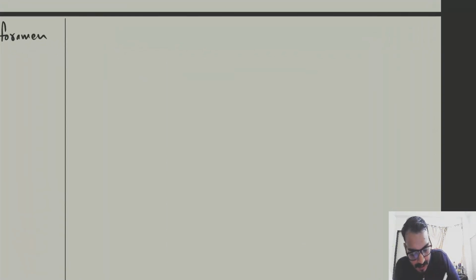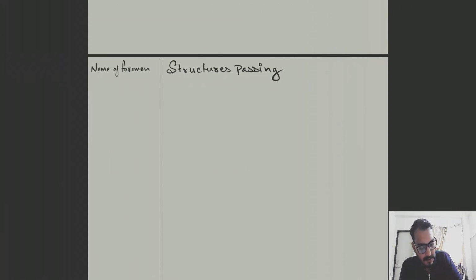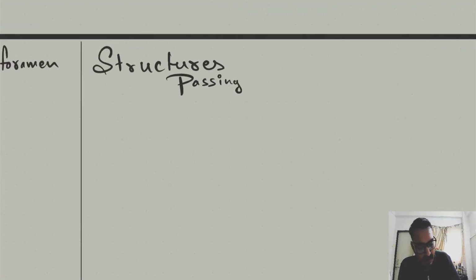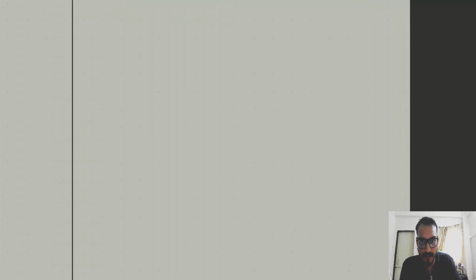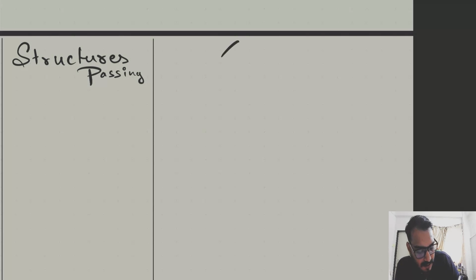Then we are going to discuss every foramen, the structures passing from it. Name of the foramen, then the structures which are going to pass from it, and then what are the functions of those structures.